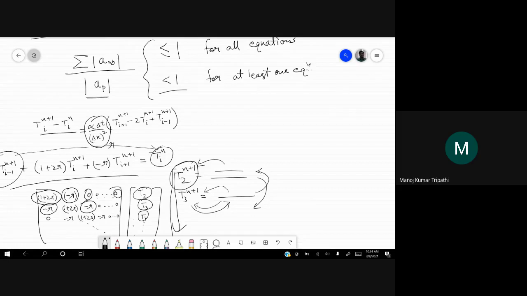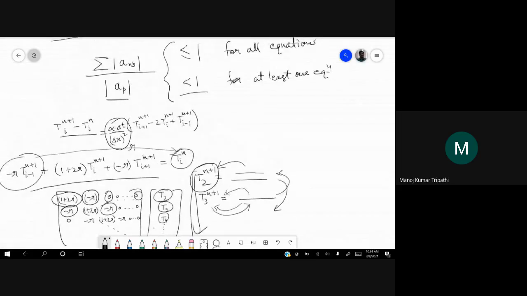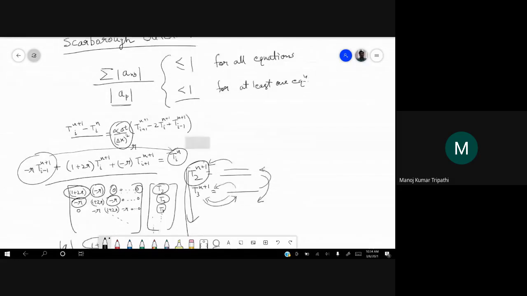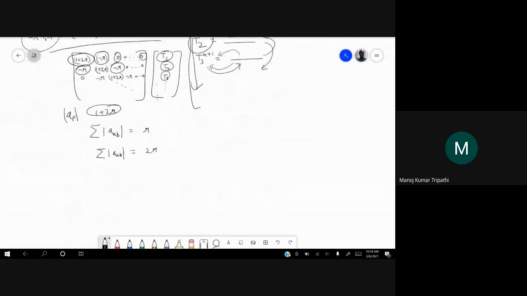If it is not true, then it may converge or may not converge. So it is not necessary for this to hold for convergence. This is only a sufficient condition. Even if this does not hold, it may converge in some cases.